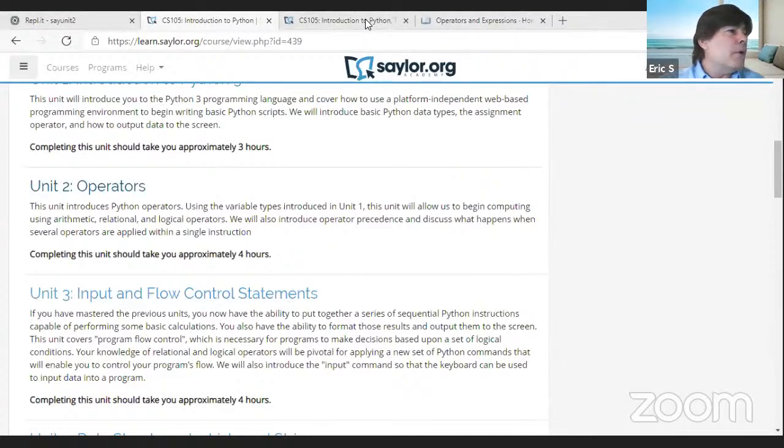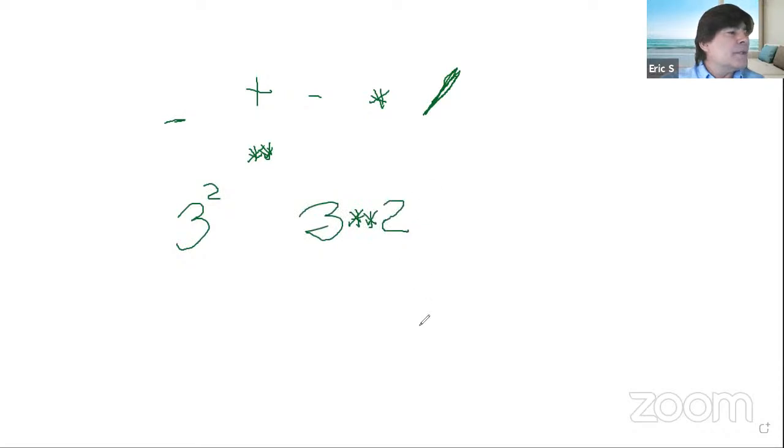When you go into different computer languages, plus, minus, star is multiplication, and the slash here is division, typical division, and then we get to exponentiation, which is 2 stars. So if I wanted to say something like 3 squared, I would write 3 star star 2 like this. That would be the syntax.